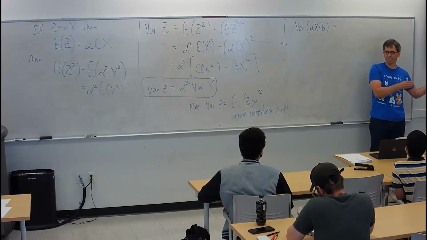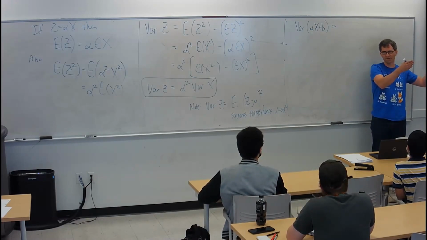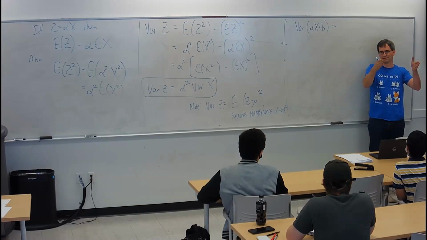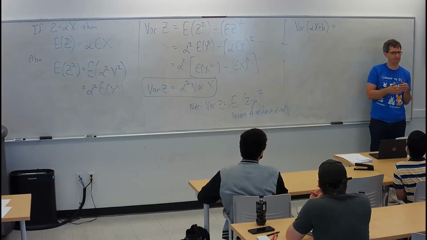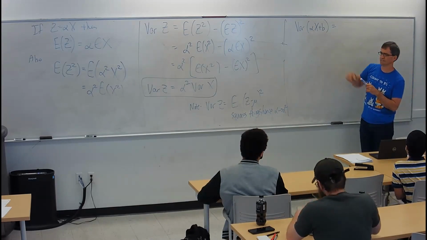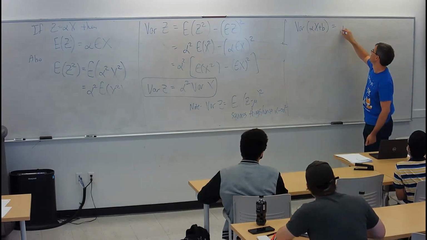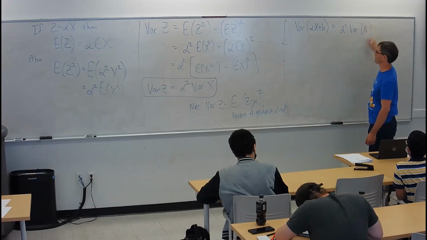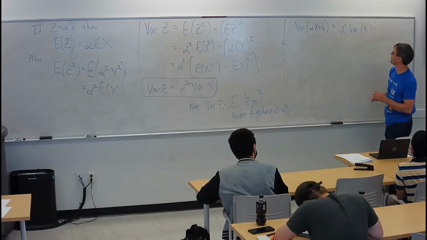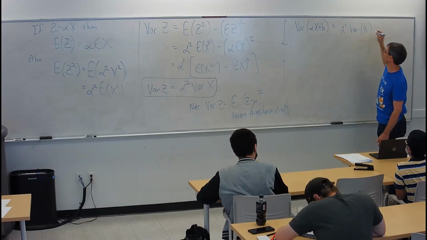So if I add 5 points to everyone's scores, they just moved over, and now the amount they vary from the center hasn't changed. So this doesn't actually matter. So the plus B doesn't matter, only the alpha does.